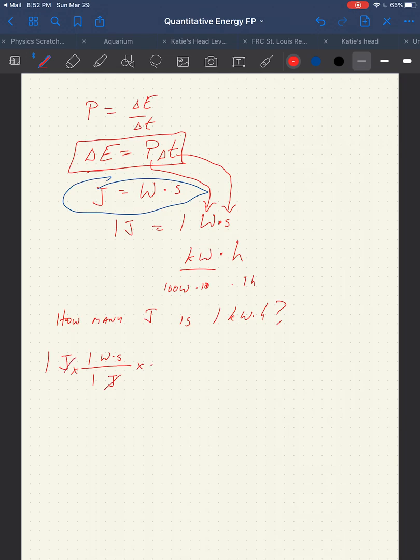Joules goes away, and now we're trying to get to kilowatt hours. Well, we know that 1 kilowatt is 1,000 watts. And now watts goes away. And then we can go from seconds to minutes. 1 minute is 60 seconds. And then we can go from minutes to hours. 1 hour is 60 minutes.